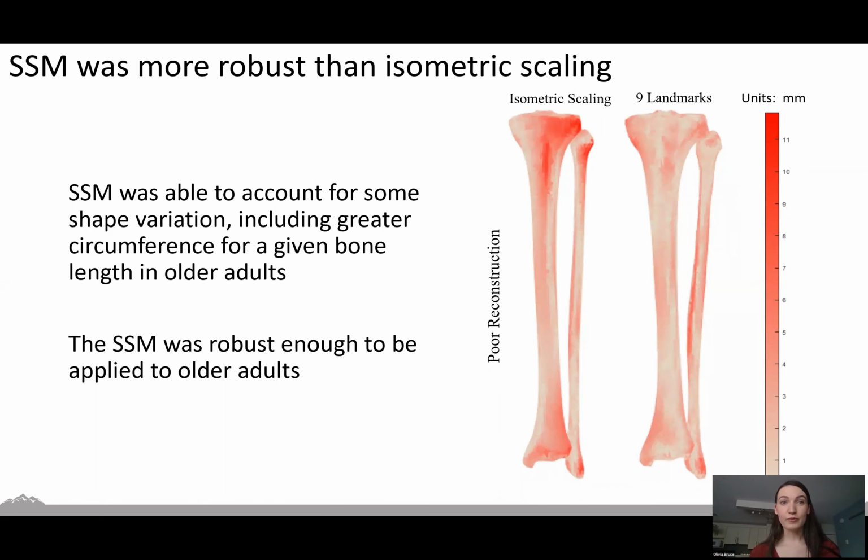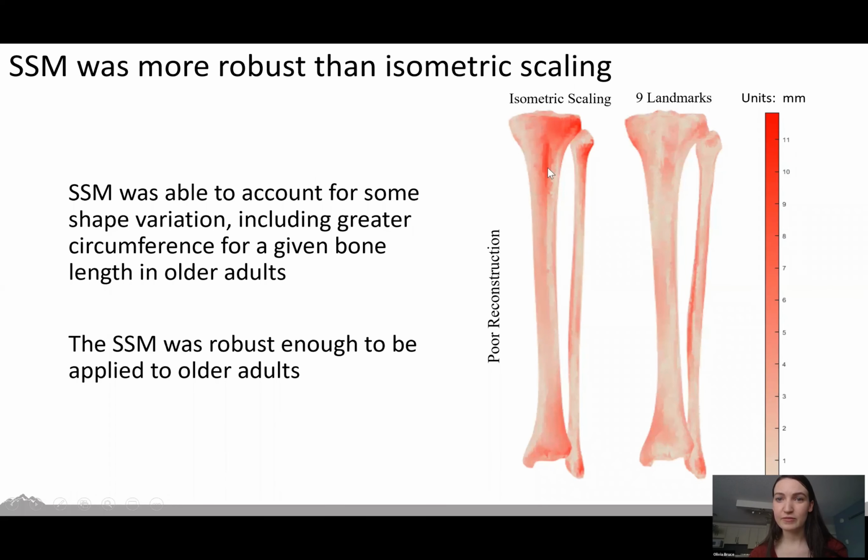Now, the shape model was able to account for some of that variation, and it reduced the error in circumference. The figure here shows two reconstructions of the same individual. I think it's a great visual that shows how, with isometric scaling, this bone is much thinner compared to the shape model reconstruction.